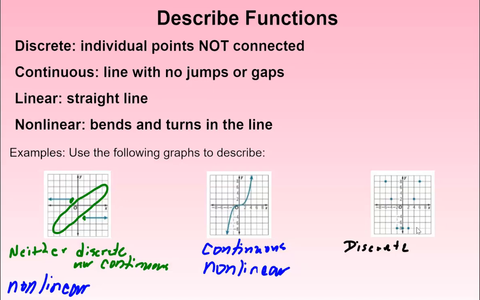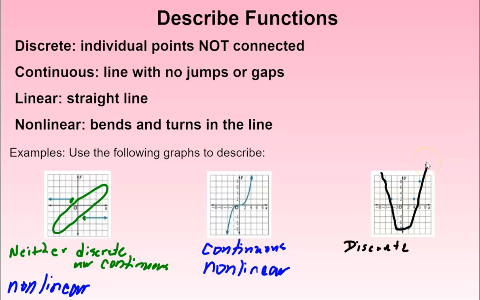Now we look at the pattern. Is the pattern of the points in a straight line? So if you were to connect it, would it form a straight line? And we can see that it will not create a straight line because if I try connecting it, it would come down here, come across, and then come back up.